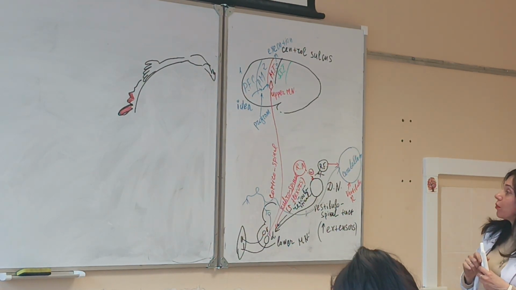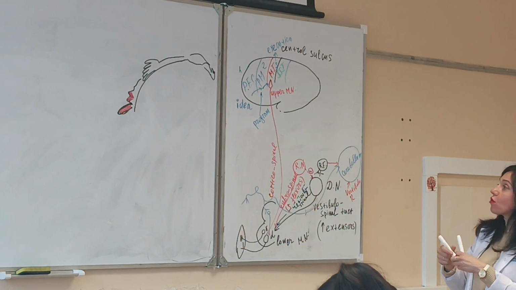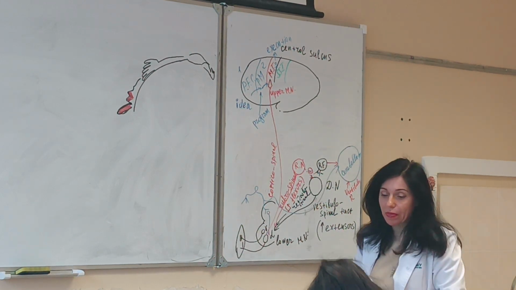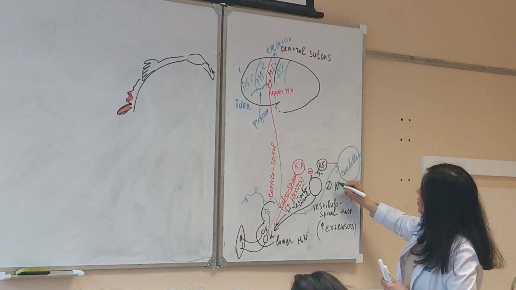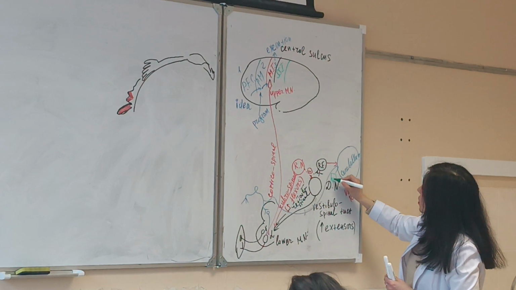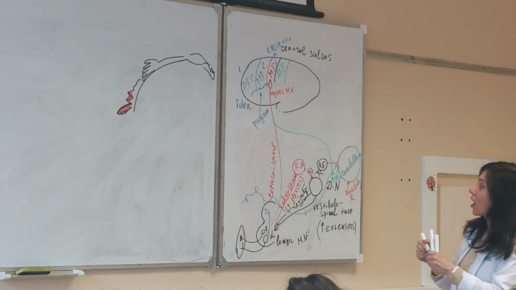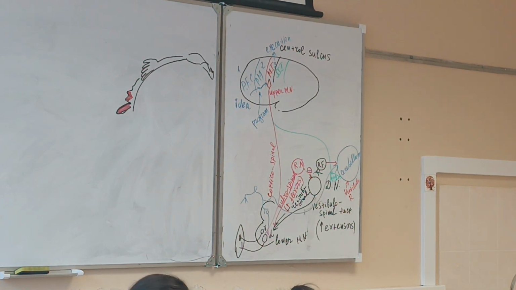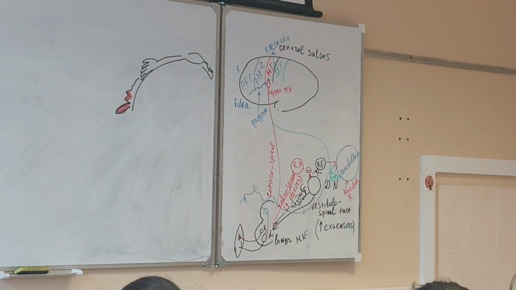There is also input from the cortex across the pons, and from the inferior olives.